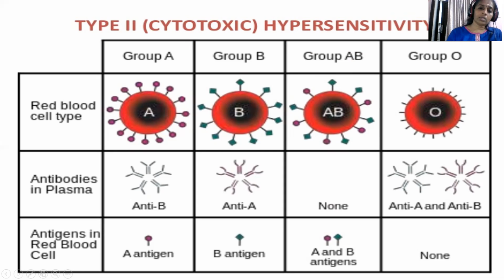Similarly, A group blood cannot be transferred to individuals with a B group. But AB group is the universal acceptor. They can take blood from either. O is the universal donor, but O individuals cannot take blood from A or B groups. So these are the conditions.